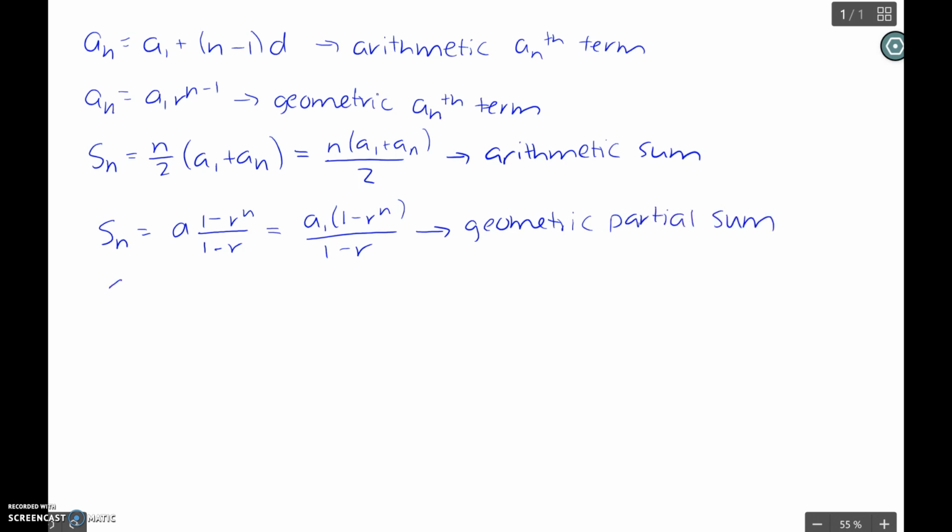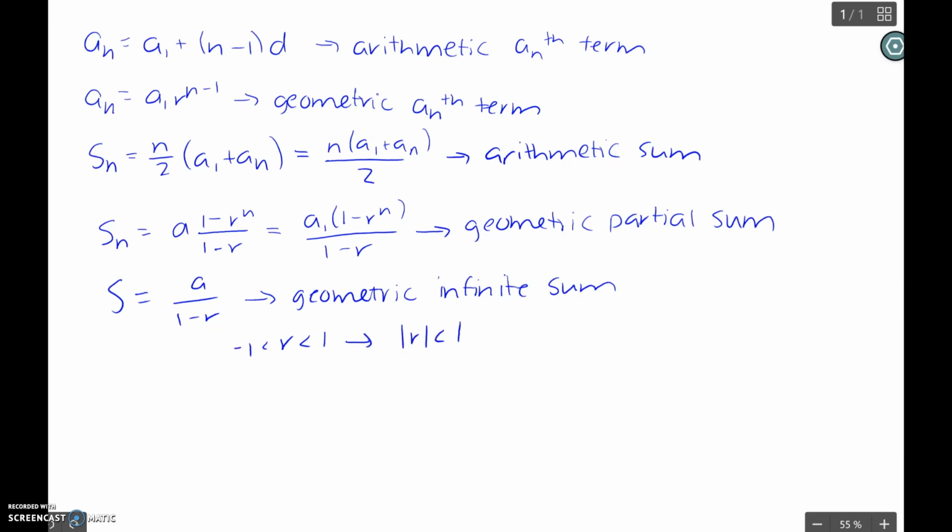Then we have another one. S equals a over (1 minus r). That's a geometric infinite sum. And on this one, r has to be between 1 and negative 1, which also means the absolute value of r is less than 1.